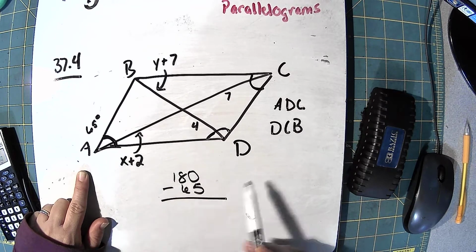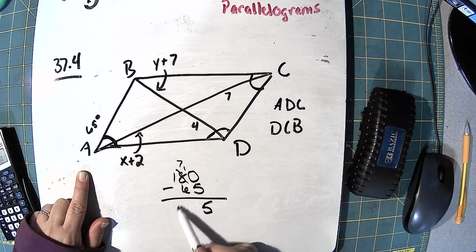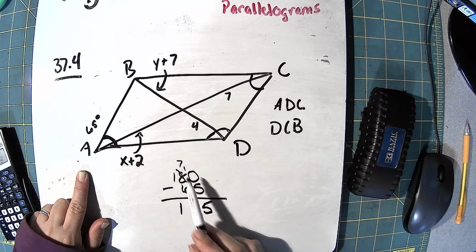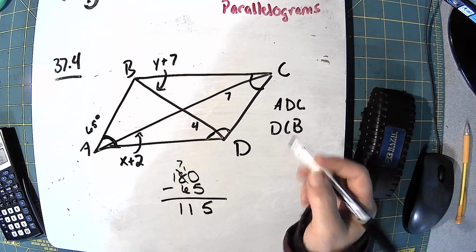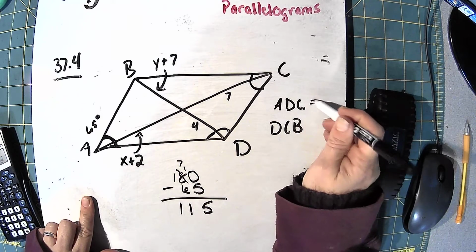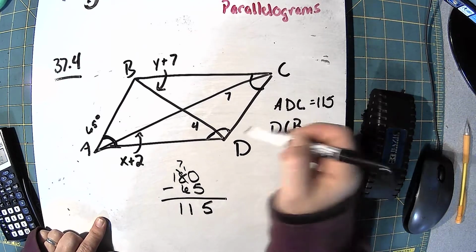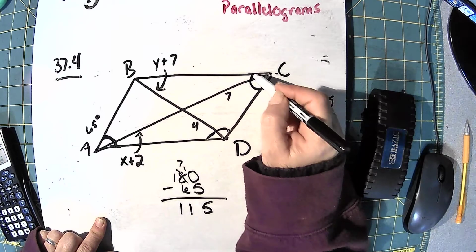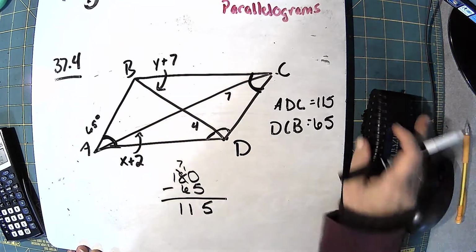We'll just take 65 off of that, and we're going to get 115. So ADC is 115. And then DCB, that's this one, has to be equal to this one, so it's 65. So that part was pretty easy.